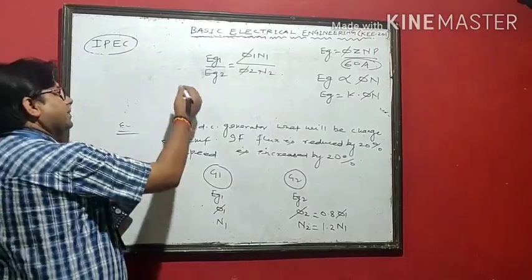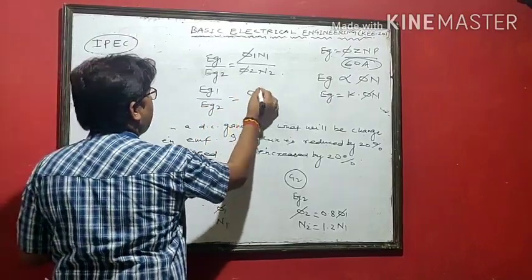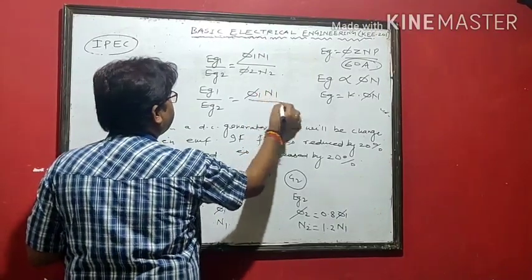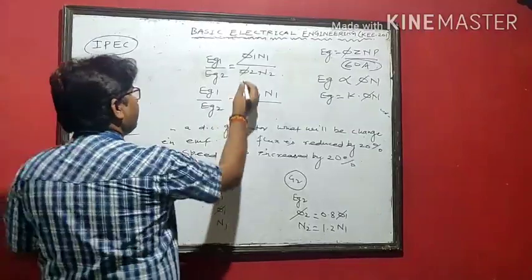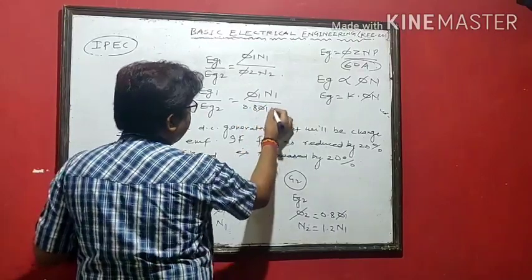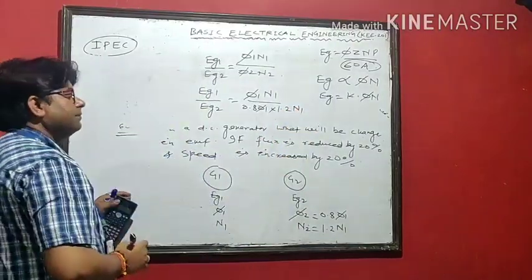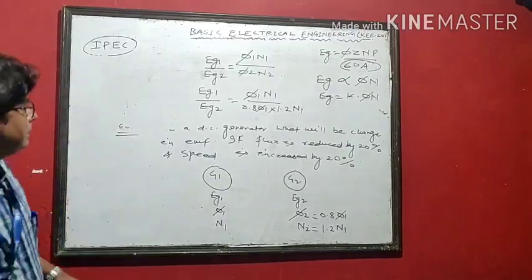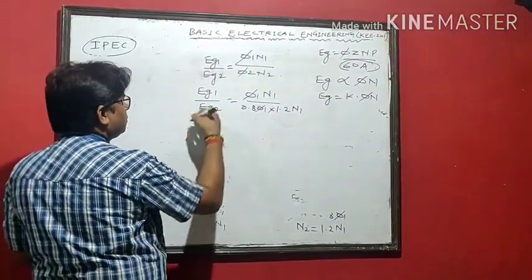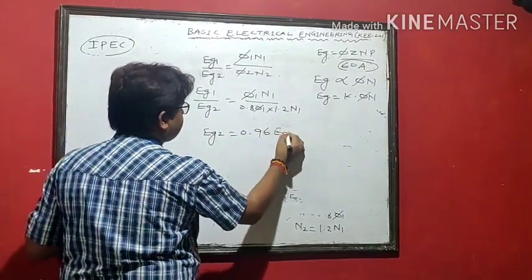Here EG1 divided by EG2 equals phi 1 n1 divided by phi 2 n2, that is 0.8 phi 1 into 1.2 n1, and therefore EG2 equals 0.96 EG1.